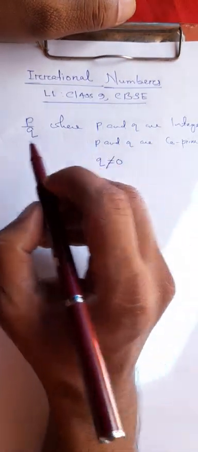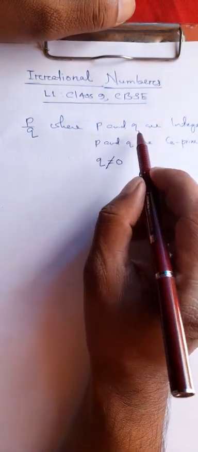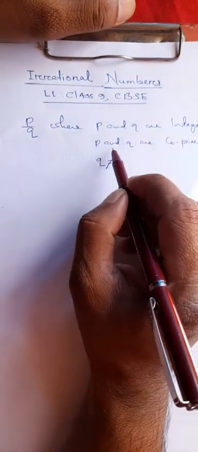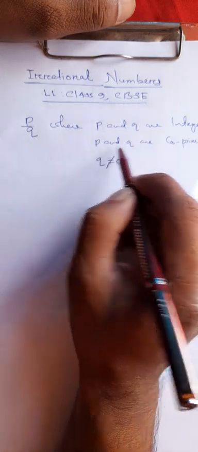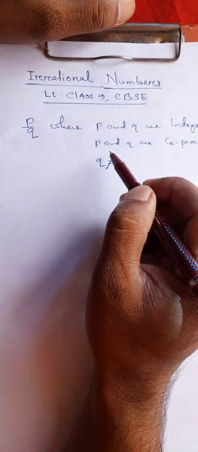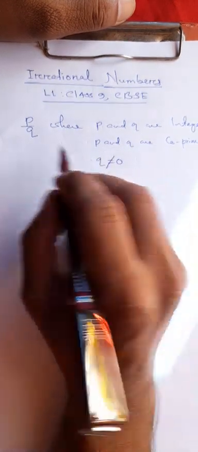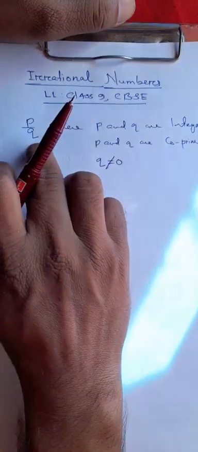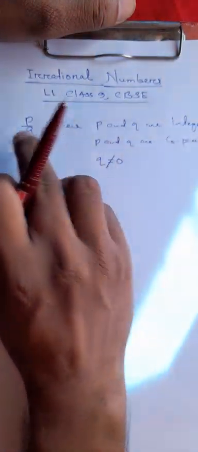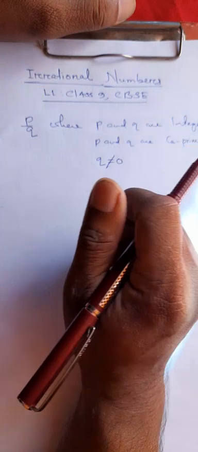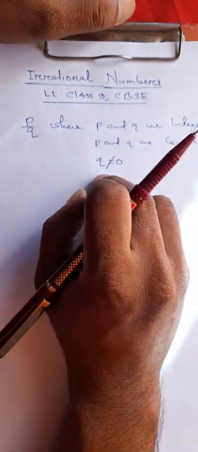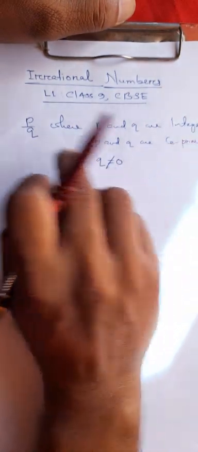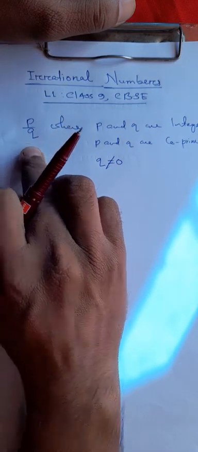That means p and q do not have common factors other than 1. They are only divisible by 1. The common factor is 1 only, and q is a non-zero integer, meaning the denominator should be a non-zero integer.